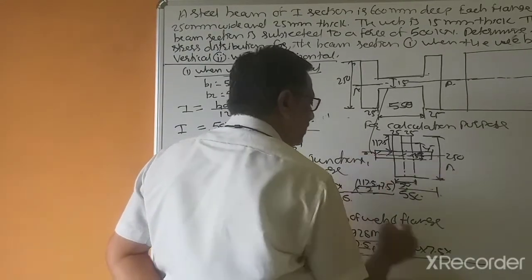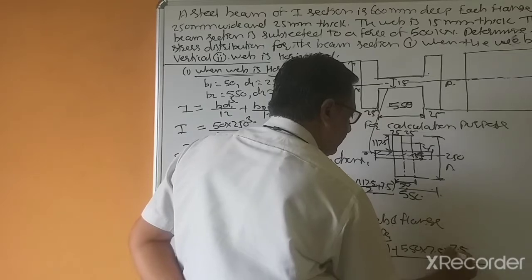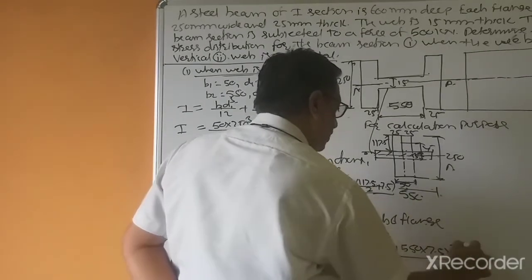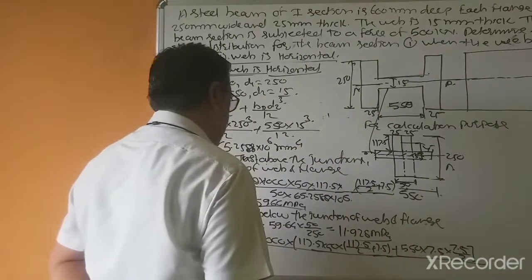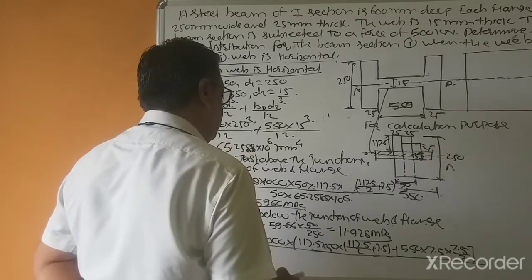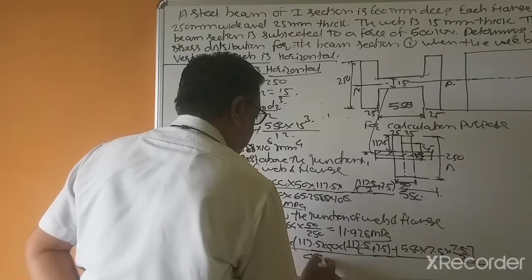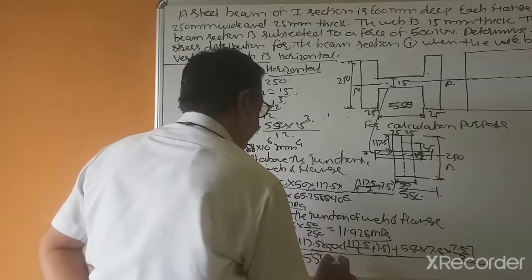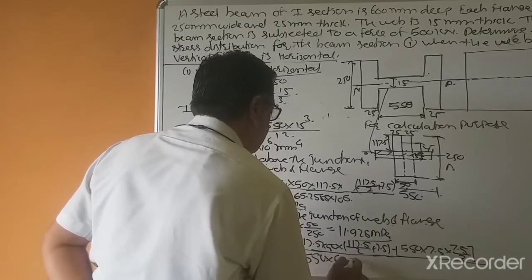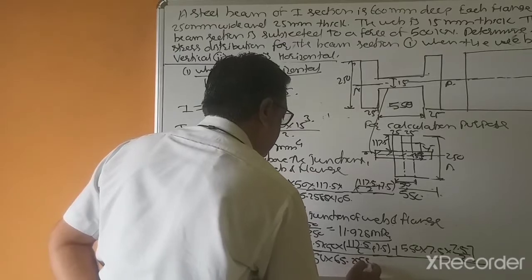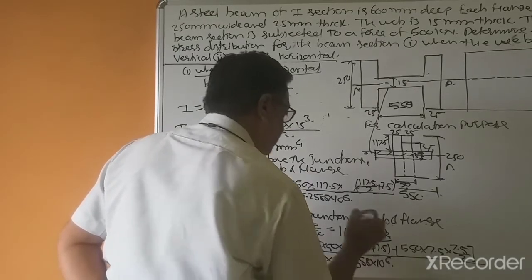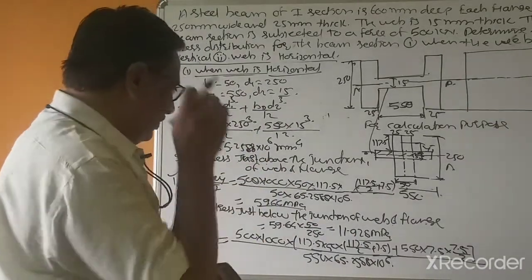So this distance equal to 7.5 divided by 2, bracket close. Now width equal to 550 and so this is 65.2588 10 to the power 6. So you have to calculate this.